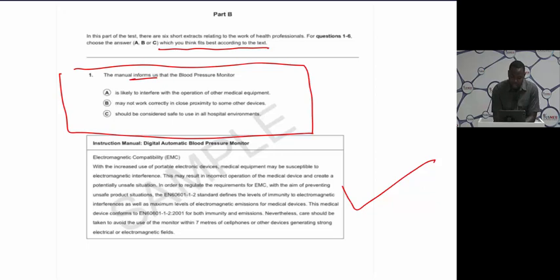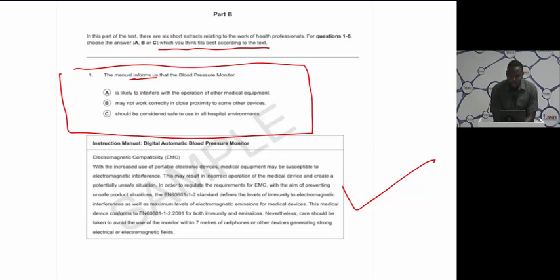Let's look at the answers here. We've got A, is likely to interfere with the operation of the other medical equipment. Now, what is the meaning of interfere? If you say something is interfering, that means it is coming in place of, it is affecting another process from happening. The noun form of this word is interference, but here we're looking at the verb form, interfere.